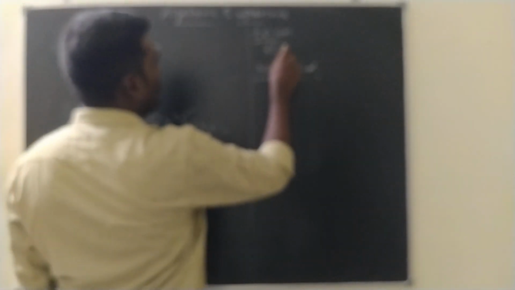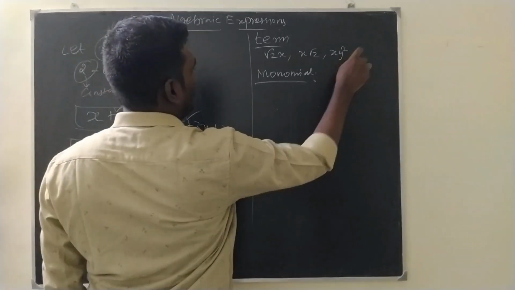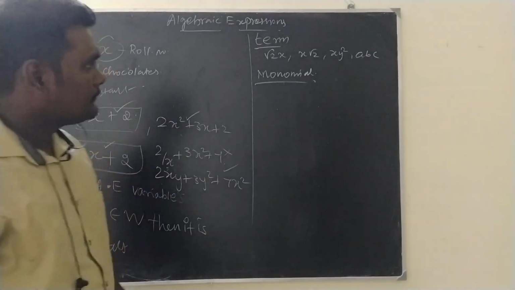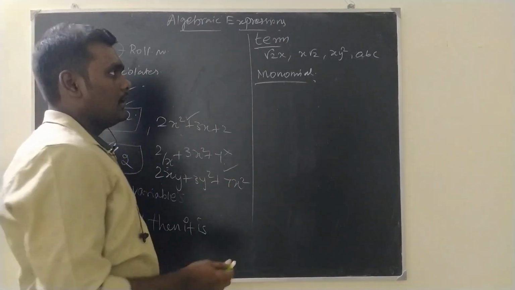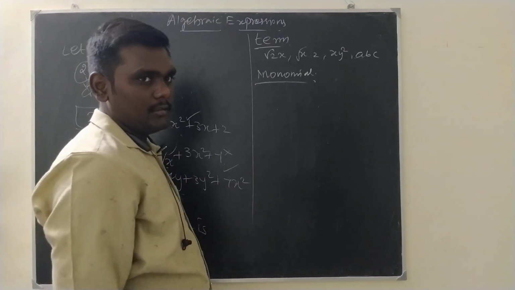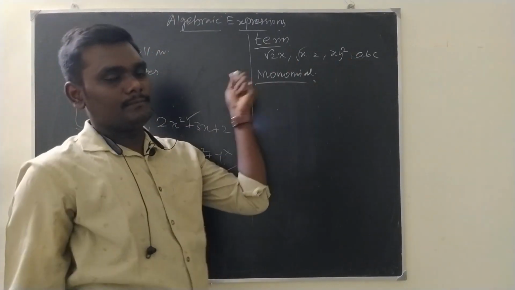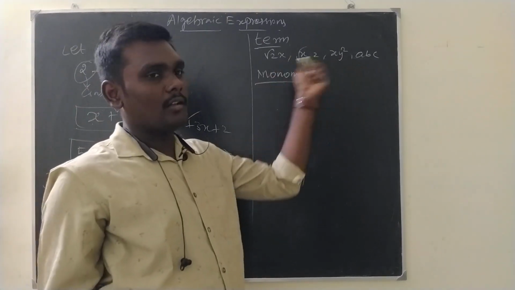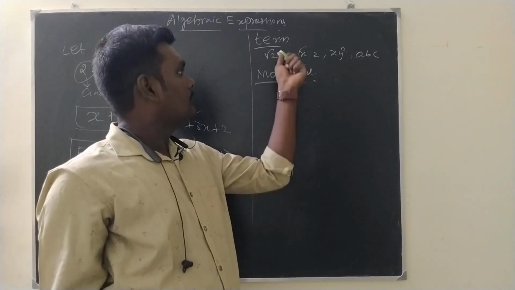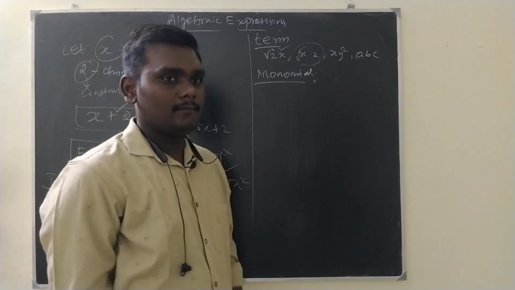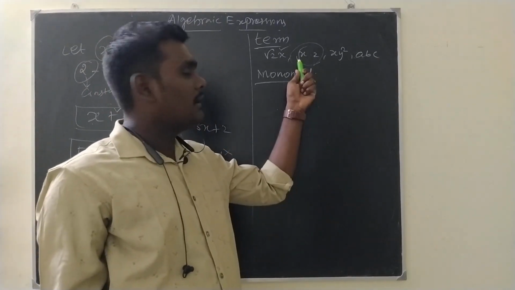Term means root 2x, x root 2, xy square, abc also. But for a monomial, all the powers should be whole numbers. Among these terms, which are the monomials? Except this, all the others are monomials, because the power is 1 by 2 here.